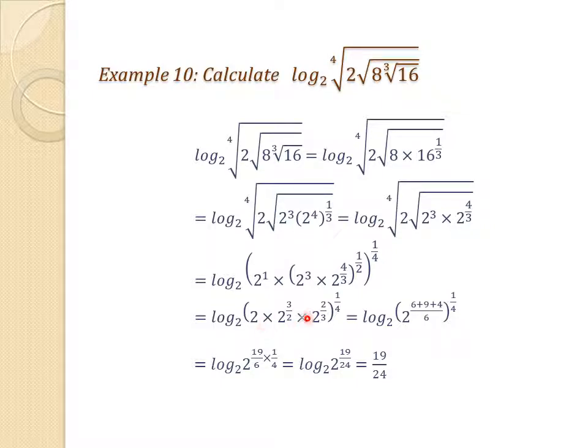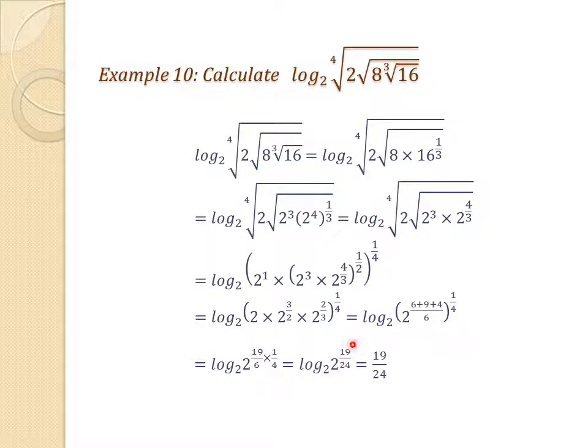So the powers will be added with a new denominator 6. And then this is going to be 6 over 6 and 9 over 6 and 4 over 6. And here they are. So when you add them, they are 19 over 6. This value is going to be multiplied by the outer power 1 over 4.